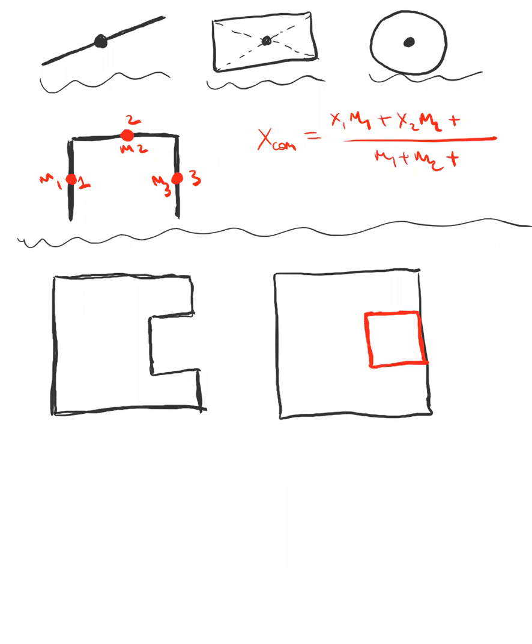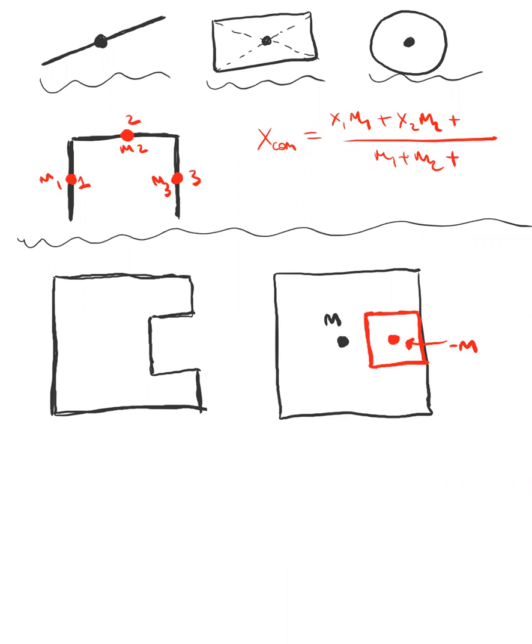And now things are also easy because you have 2 squares. For each square, you know exactly where the center of mass is because they are highly symmetric. So now you have 2 objects, you know exactly where they are, you know how much they weigh. The only thing is that this red cutout kind of has negative mass.